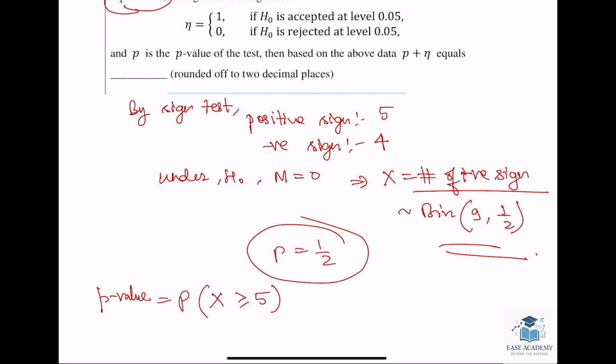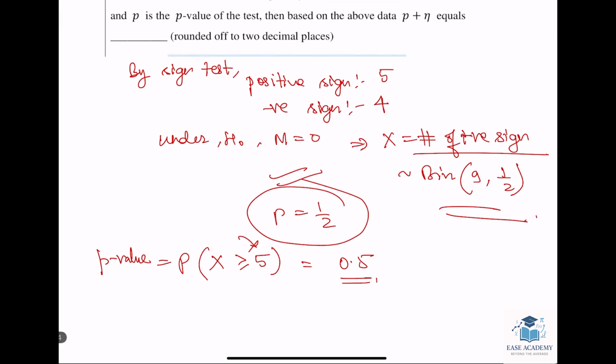Means X is greater than or equal to its observed value, that is 5. Since the distribution is symmetric, the probability will be 0.5.